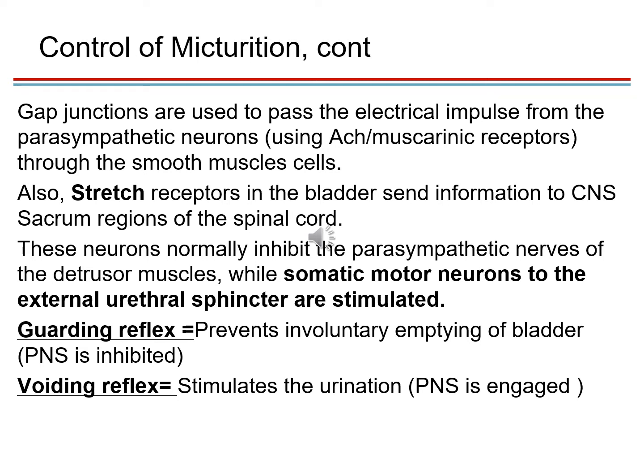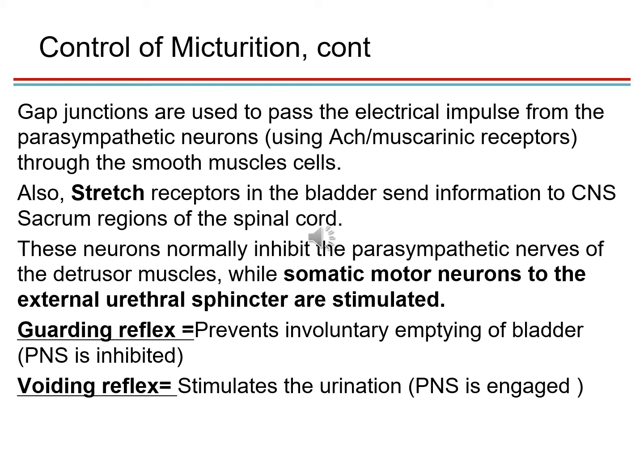Now, we have two reflexes that are working in order to control the micturition, and these two reflexes are the guardian reflex and the voiding reflex. The guardian reflex is the one that protects us from having an involuntary emptying of the bladder.